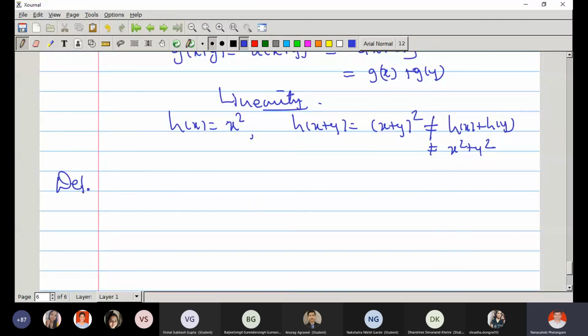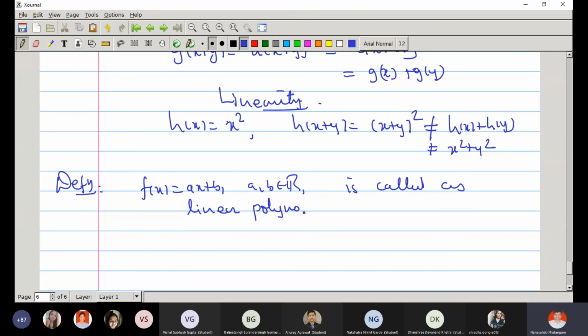So f of x is equal to ax plus b is called a linear polynomial. The constant doesn't matter actually in this case, but a degree 1 polynomial, right?